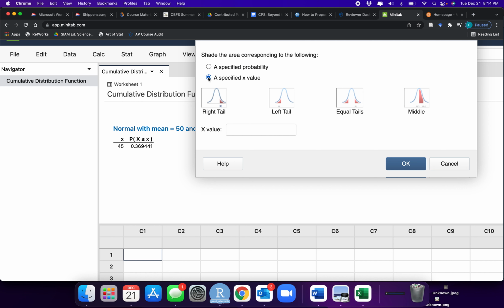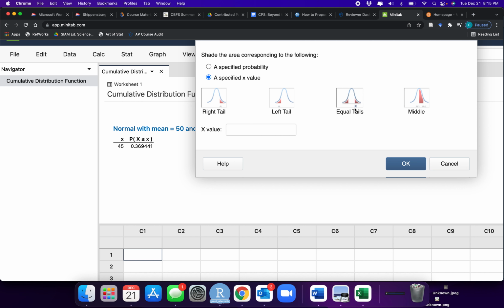I could ask for a right tail probability, which is the probability that x is greater than a point. Right tail is greater than a point. Left tail is less than a point. Equal tail is a little bit interesting, meaning greater than a point or less than the negative of that point.